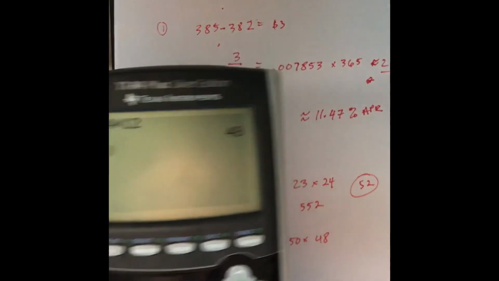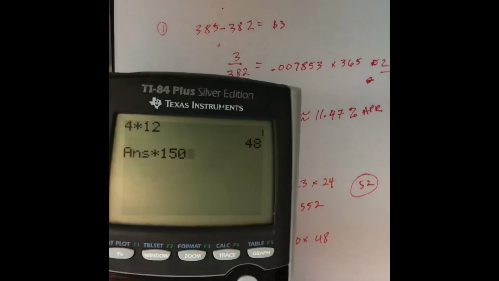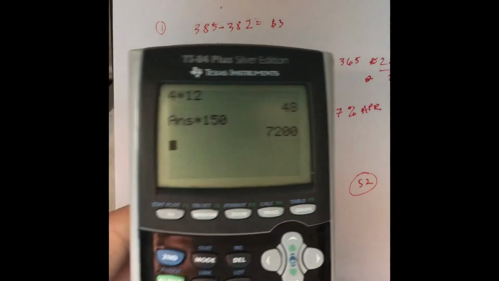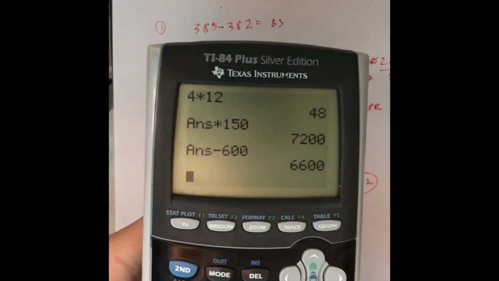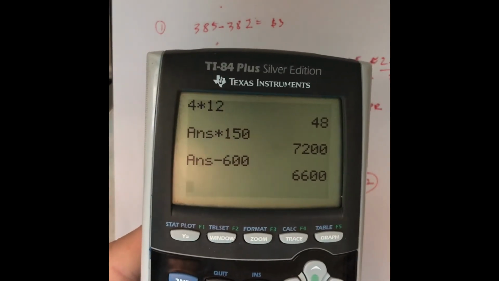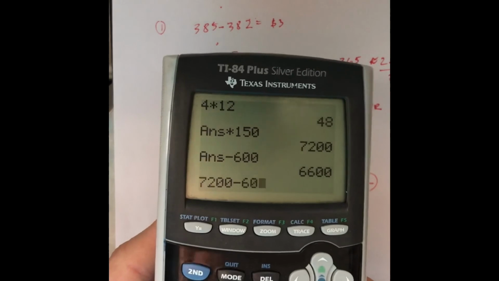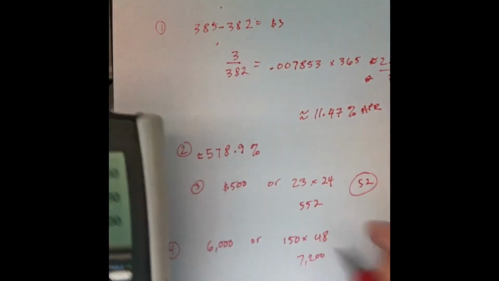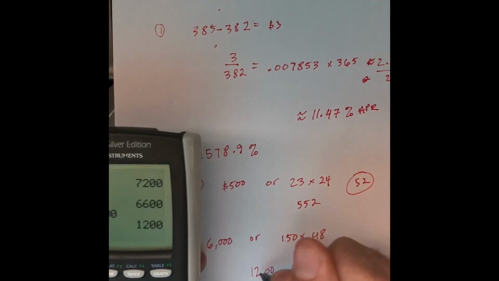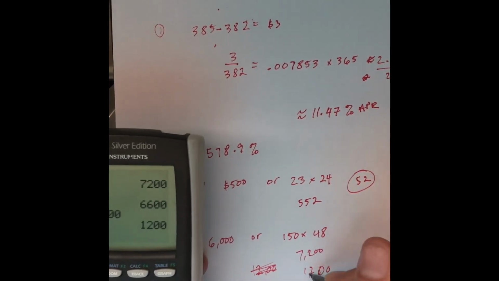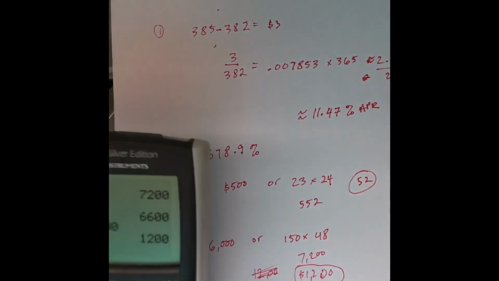So 48 months times $150 is $7,200, minus 6,000, which is $1,200. So $1,200 for number 4.